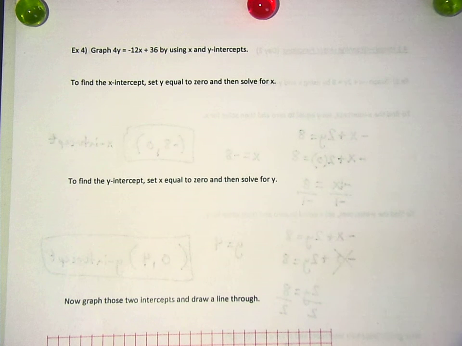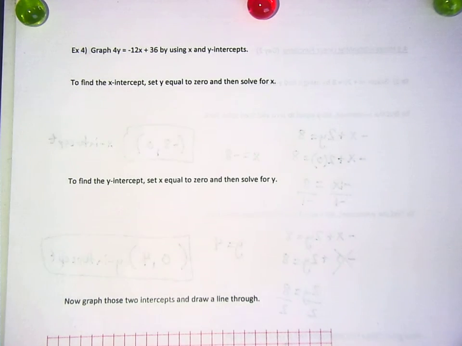Jack, make sure you're talking to everybody in your group, okay? What do you want to do first? Oh, yeah. So put in 0 for y, and then 4 times 0 to get 0 equals negative 12x, and then plus 12x.